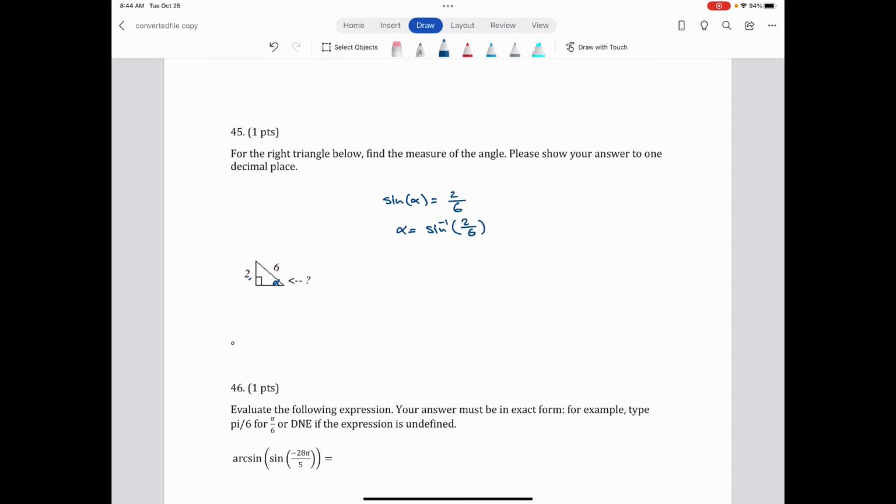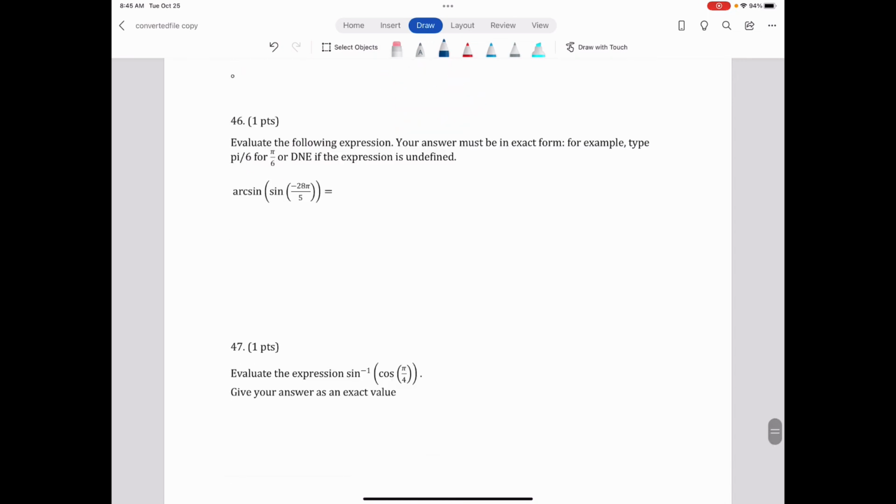And I need to measure this in degrees, so make sure you change your calculator setting to degrees, and then inverse sine of 2 over 6 is equal to 19.5 degrees.